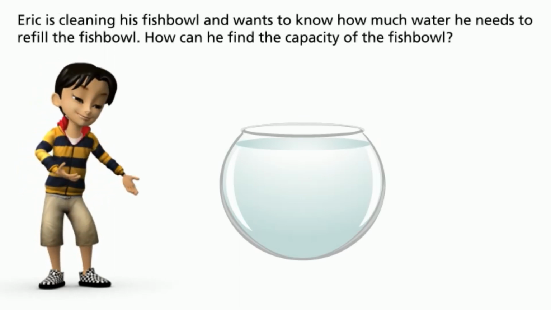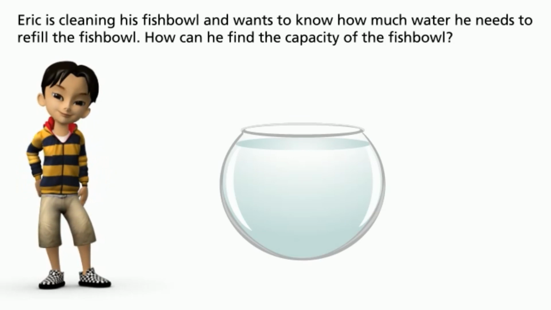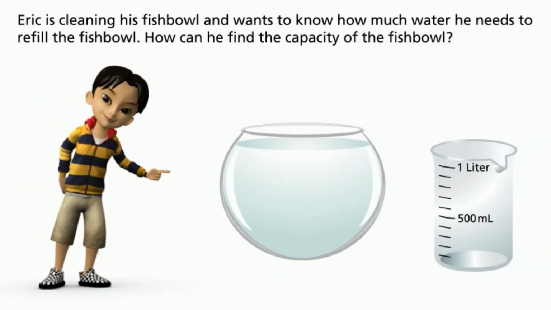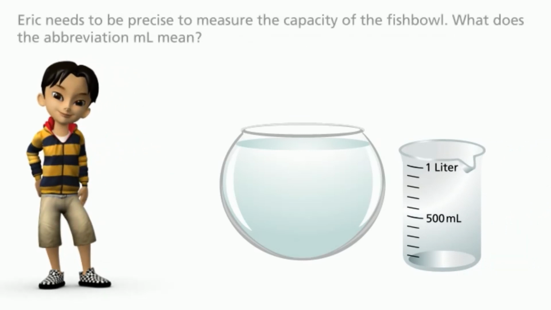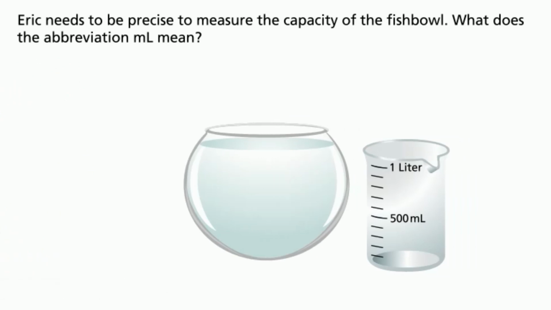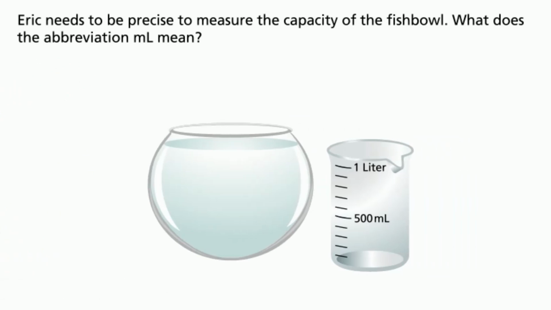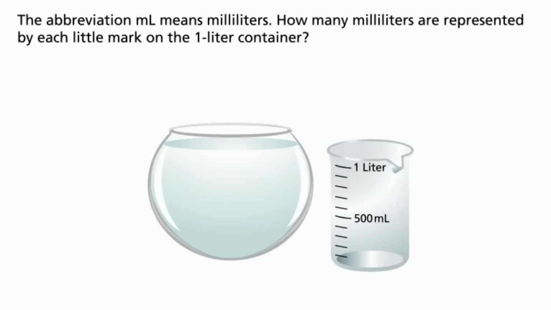Eric is cleaning his fishbowl and wants to know how much water he needs to refill it. How can he find the capacity of the fishbowl? Eric needs to be precise. What does the abbreviation ml mean? The abbreviation ml means milliliters.